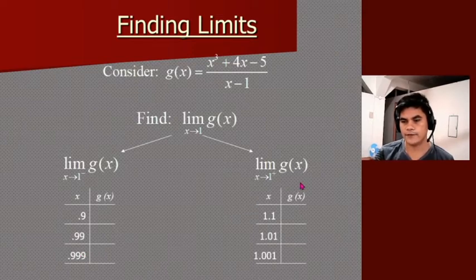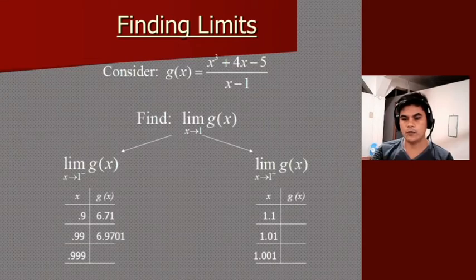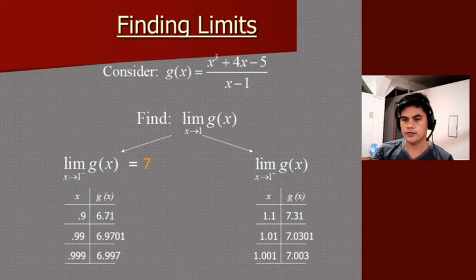From the right, x is approaching 1 from the right, that's why the positive sign: 1.1, 1.01, and 1.001. Let us examine the values. From the left we have 6.71, 6.9701, 6.997. From the right, 7.31, 7.0301, 7.003. So it means it will meet at 7.